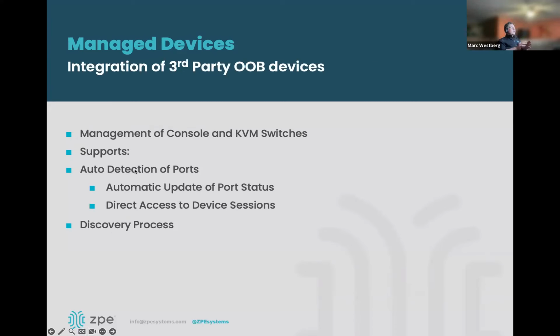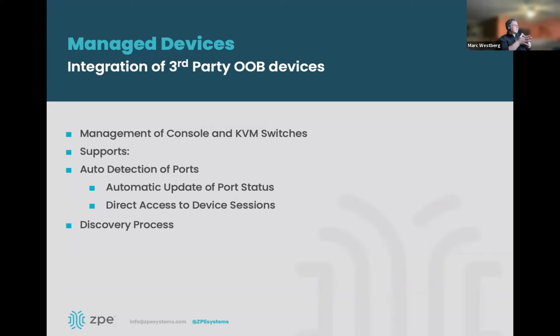And then we also have the ability to integrate third-party out-of-band devices. So Vertiv, Lantronix, any of those devices that are out there, we can bring those under management within the ZPE Nodegrid solution, and then we can manage those KVM or console switches and the devices that they are managing.